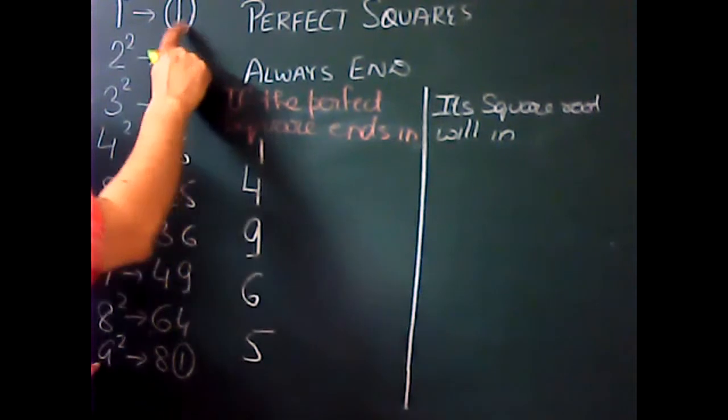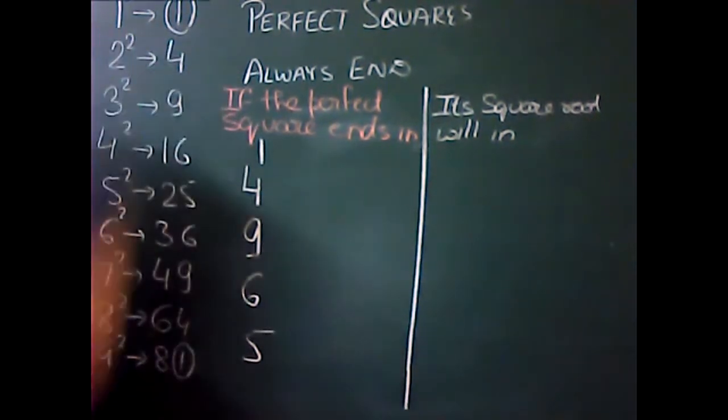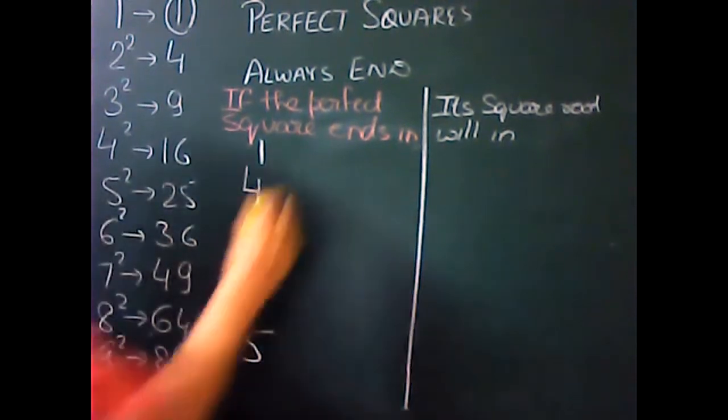Yes. If the perfect square ends in 1, its square root will either end in 1 or 9.